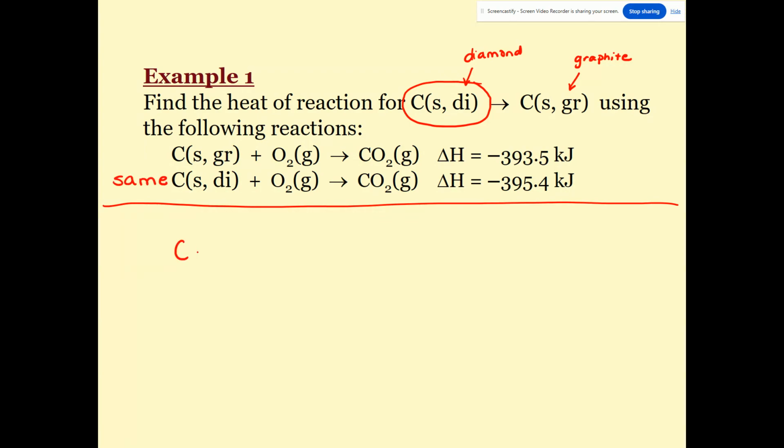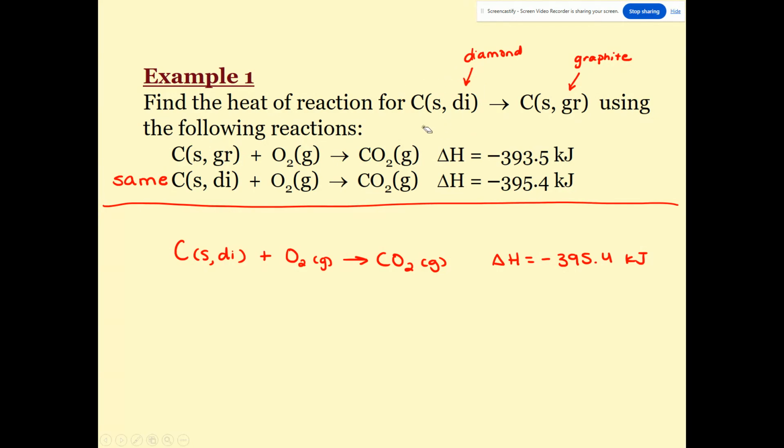Carbon solid diamond plus O2 gas makes CO2 gas. I did not change that reaction, so my enthalpy also does not change, negative 395.4 kilojoules. So that's my first process, making sure the 1 mole of carbon solid diamond is on the reactant side.